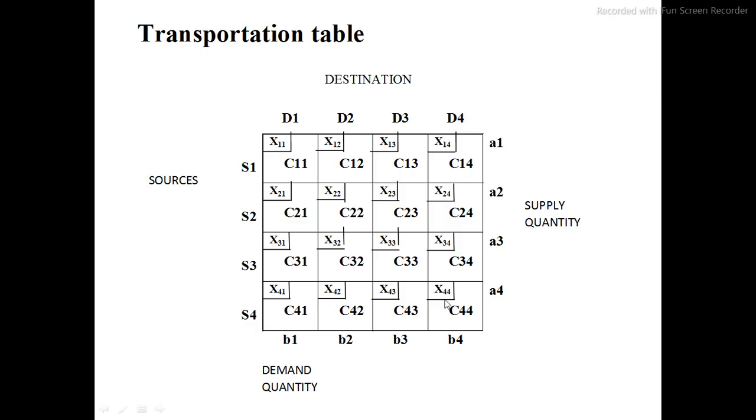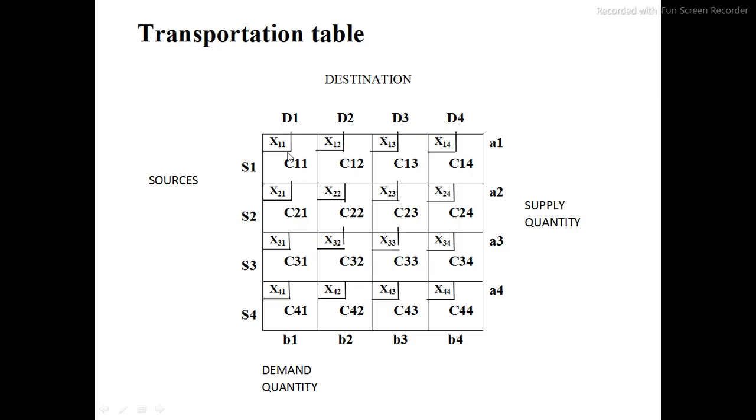Here you can see it moves from X44 up to Xij. Now I think we have understood the transportation table and how to write it: what the sources are, what is meant by destination, what the destination demand is, how much quantity a source can supply, what the cost per unit is, and how much quantity we can allocate.